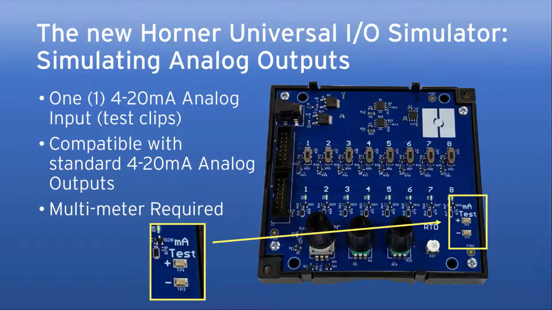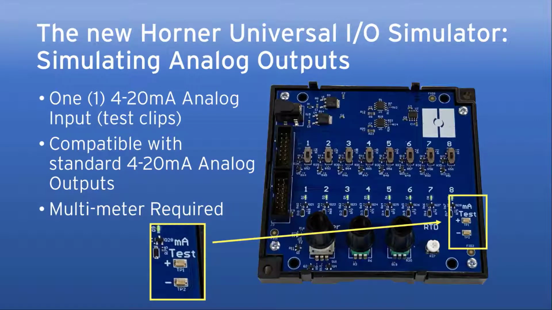And then if you have analog outputs in your program that are going to be used, let's say, to control the position of a valve or maybe to control a heater through an analog signal, whatever the case might be, then what we do here is we allow you to connect up your 4 to 20 milliamp output, at least one of them, from your controller.